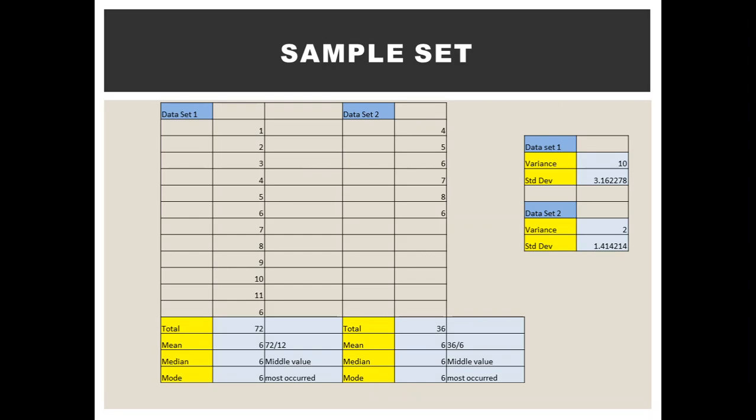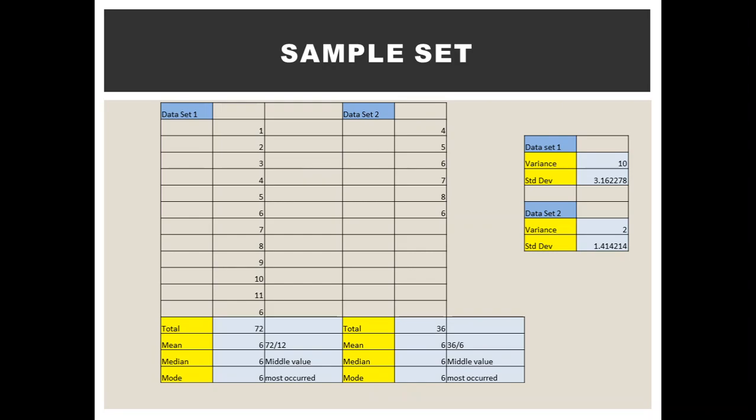So what I mean is, if I pick any data from this data set, maybe 2 or maybe 10 or 9 from the data set 1, my understanding is the sample is somewhere just 3.16 away from my mean, which is 6. Say for instance 9, so my standard deviation is 3.16, so 6 plus 3.16 is 9.16.